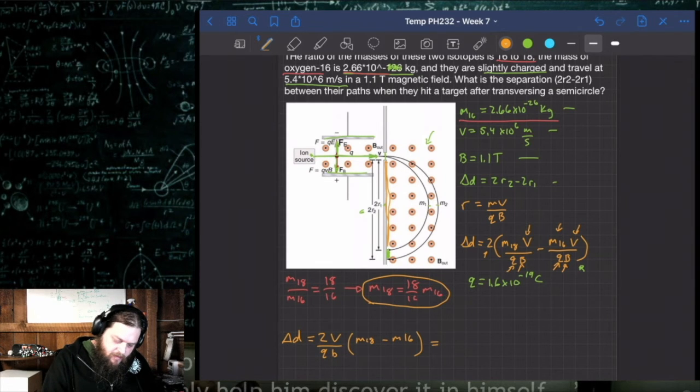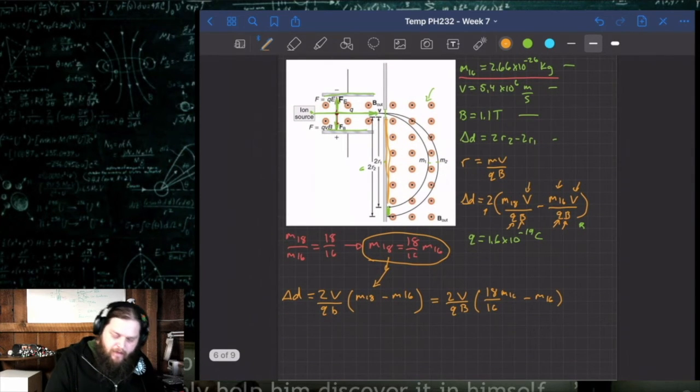This is going to be equal to 2V over QB times, substituting in this value, 18 over 16 times mass 16 minus mass 16. So I can then factor out that mass 16, and we get 2V over QB, mass 16 times, say, 18 over 16 minus 1.